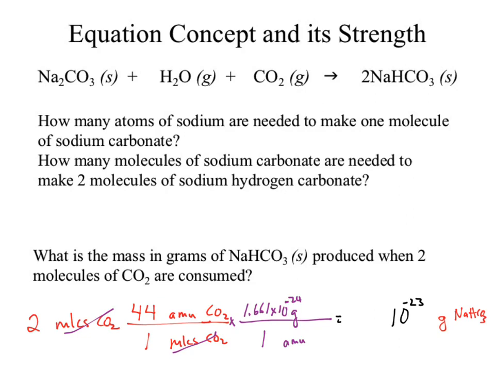What is the accuracy of our balance? 10 to the negative third or fourth, depending on our balance. I think the ones you guys have are 10 to the negative 3. This is 10 to the negative 23. Will your balance measure this? No. To give you an idea, we'll attempt this.